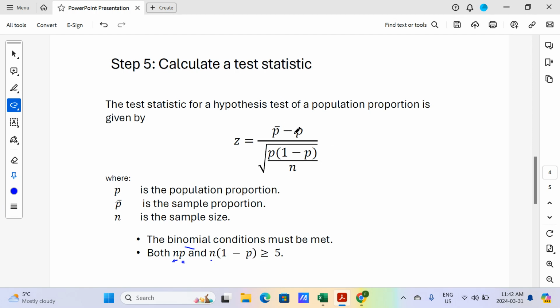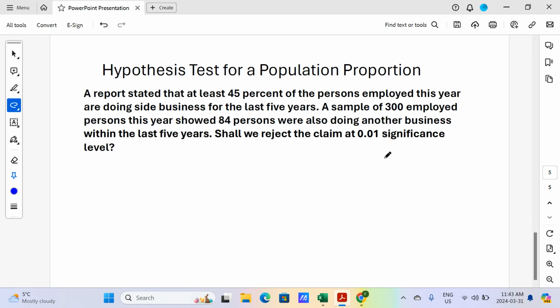So in step 5, to calculate the test statistic, I'm going to use this formula. But first, we need to check if the binomial conditions fit. I'm going to explain that on a question. Look at the Z formula: P bar is sample proportion, P is population proportion, N is sample size.